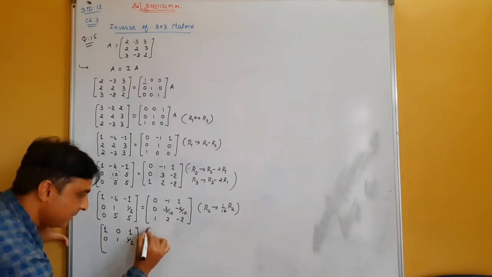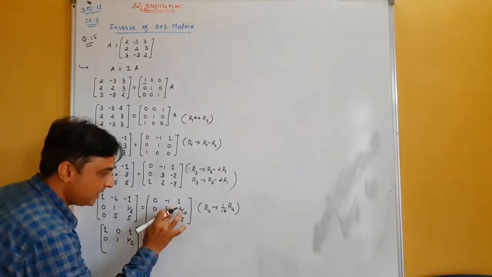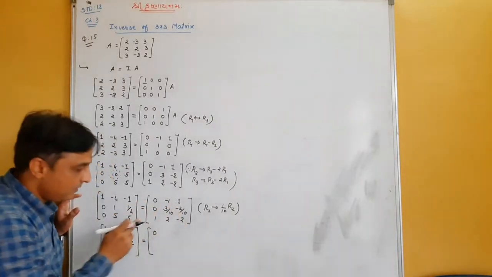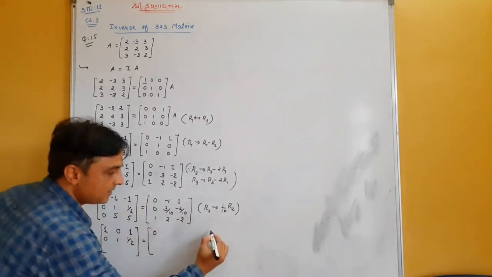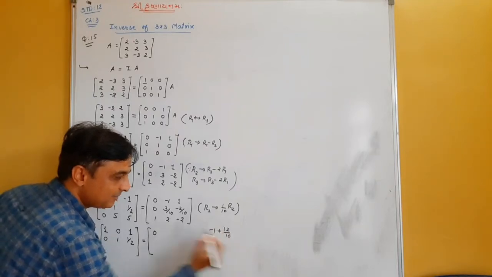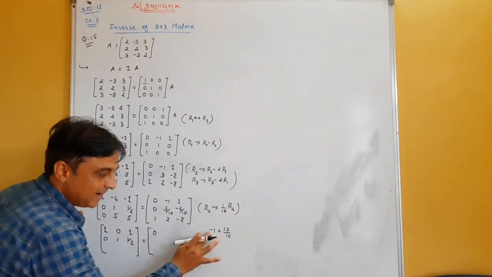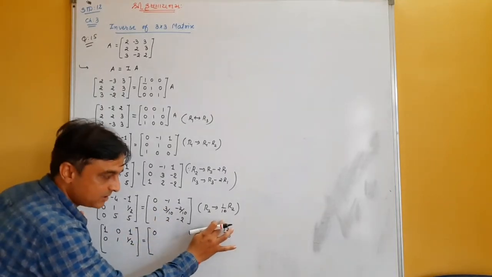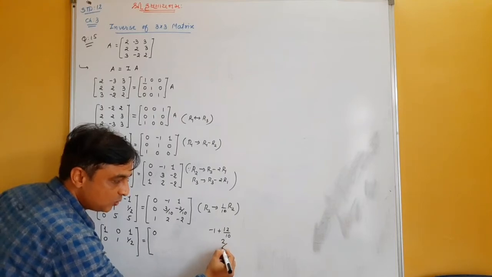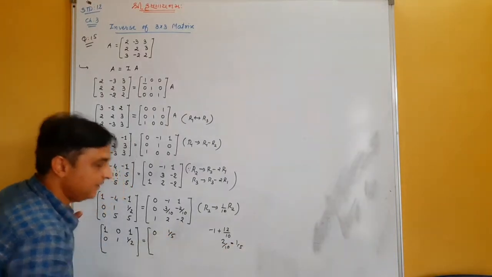The simultaneous process can be done on the right hand side. Multiply with 4, add 0. Multiply with 4 and add here. So minus 1 plus 12 by 10. Minus 10 plus 12 plus 2, by 10, means 1 by 5.